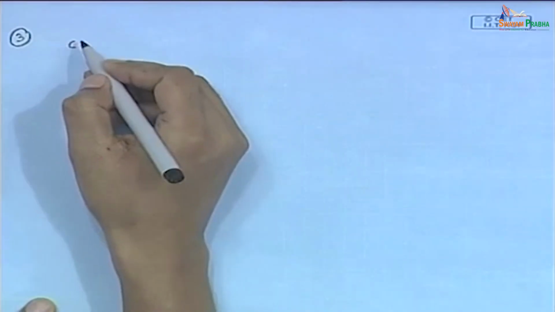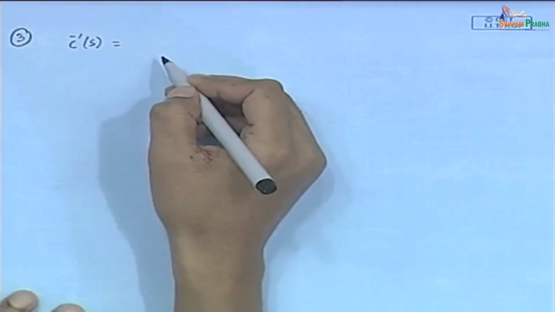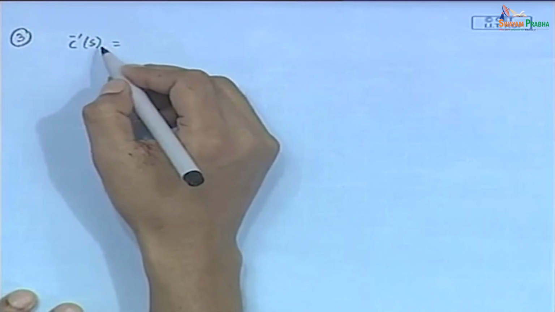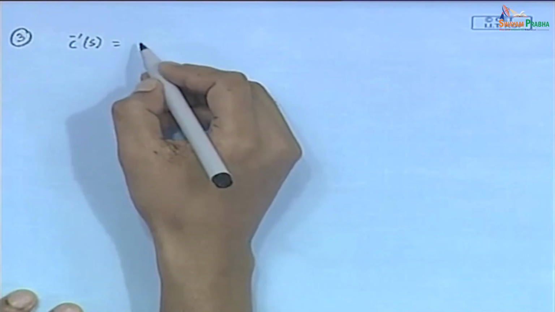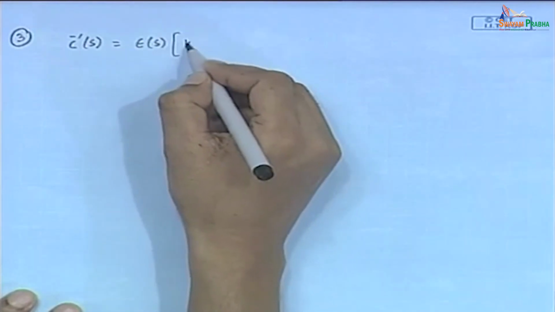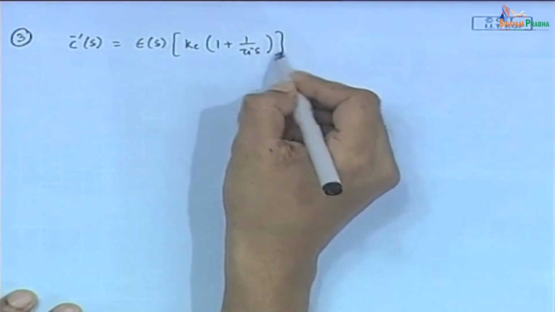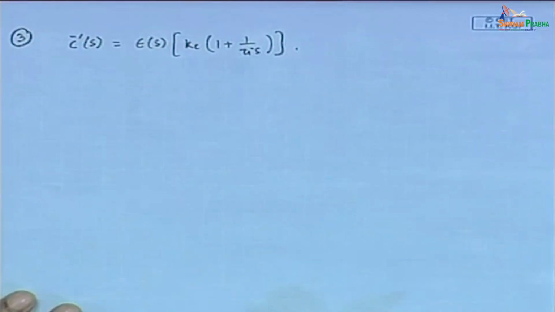Now, we will consider a unit step change in error signal and we will observe the response of the PI controller. The PI controller equation in Laplace domain we can write as C bar prime S equals epsilon S multiplied by Kc times 1 plus 1 divided by tau I S. Can we write the PI controller in Laplace domain?